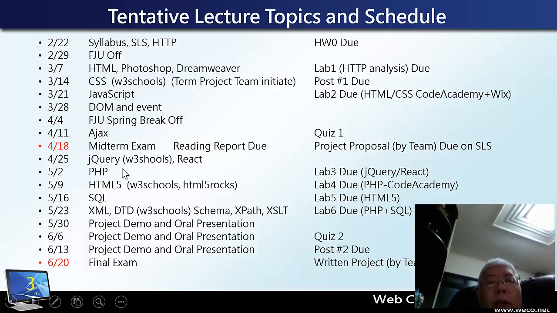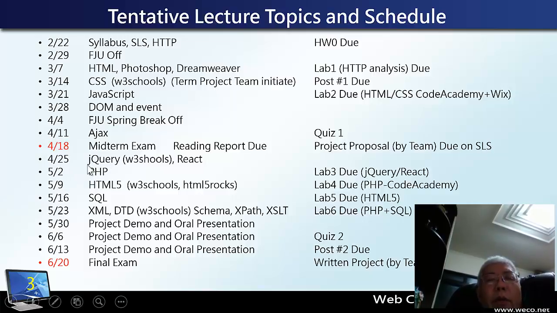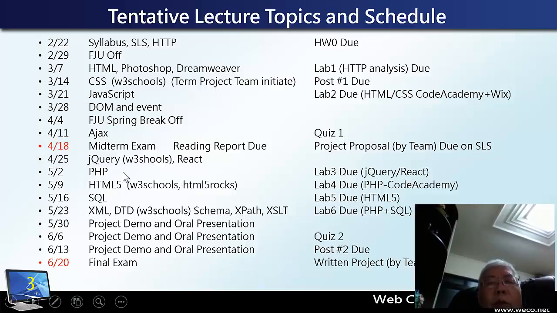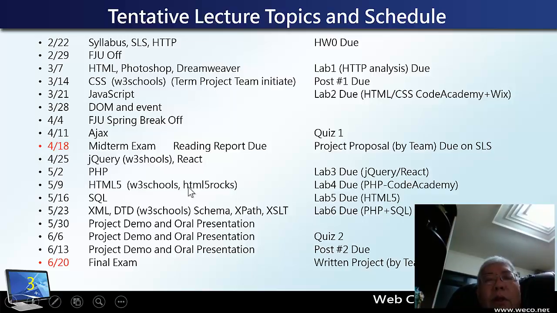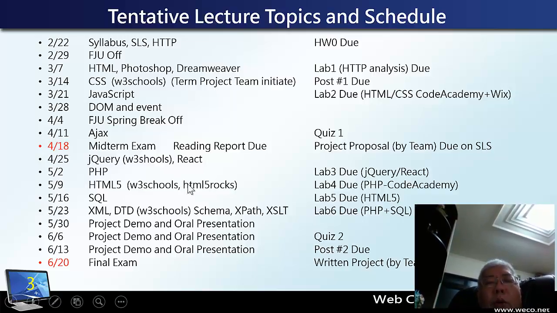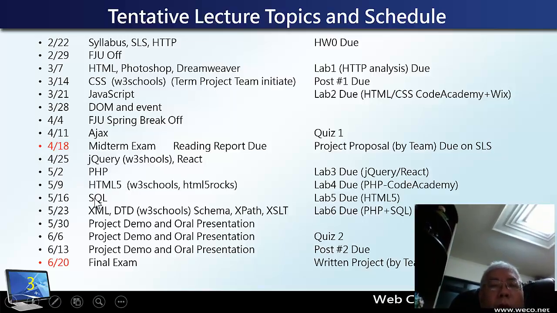Then we get into May. The first week of May, we have PHP. The next week, we have HTML5. The material for HTML5 is mainly from W3Schools, and also there's a very good website called HTML5 Rocks, and that is where the lecture notes come from. And the following week, we have SQL.